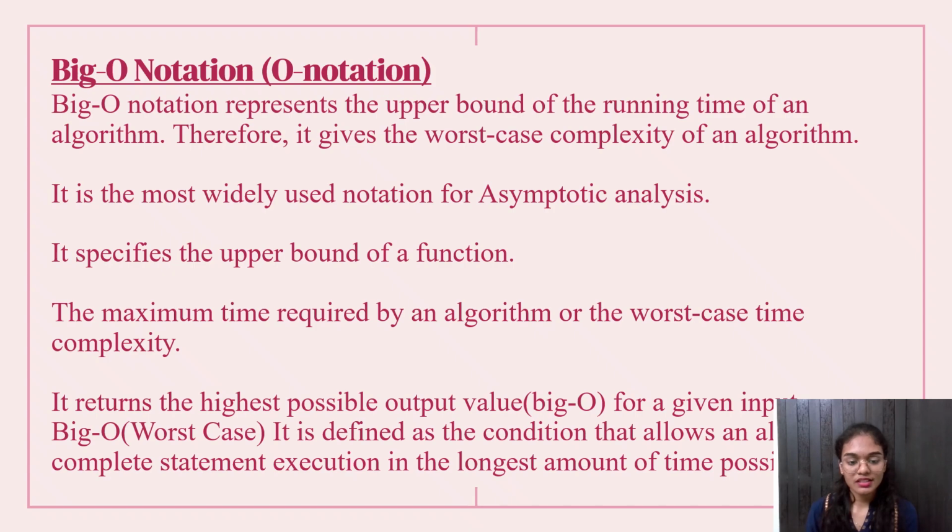It returns the highest possible output value, big O, for the given input. Big O in the worst case defines the condition that allows an algorithm to complete statement execution in the largest amount of time possible.